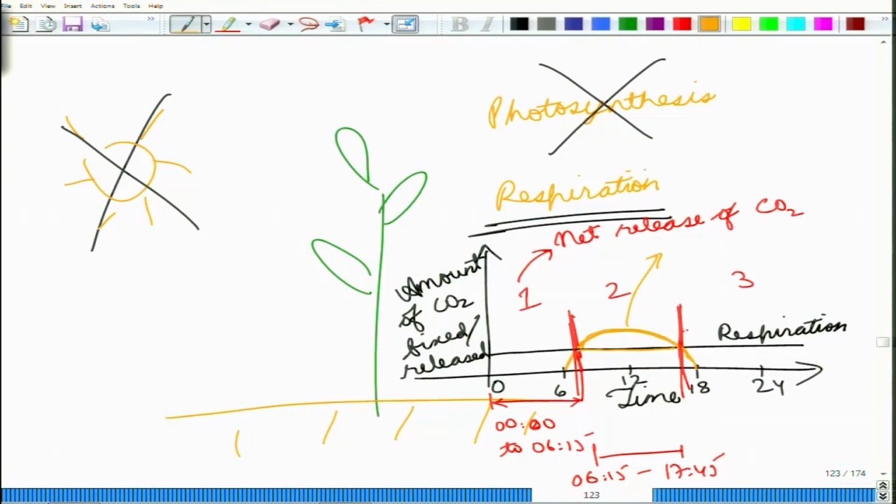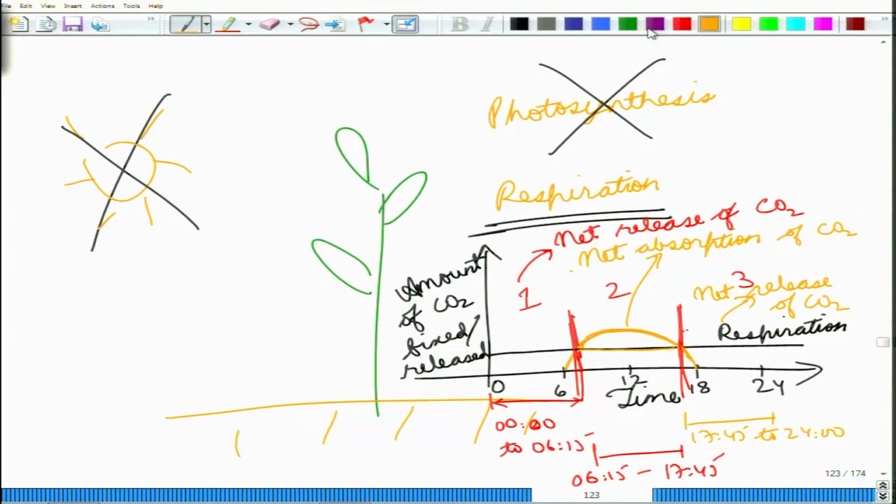So, in this section, in section 2, we will have a net absorption of CO2, and in this third stage, that is from 1745 to 2400 hours, here again we have a net release of carbon dioxide.